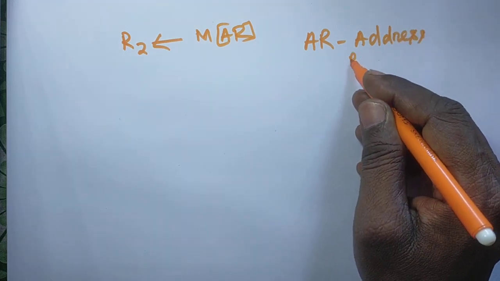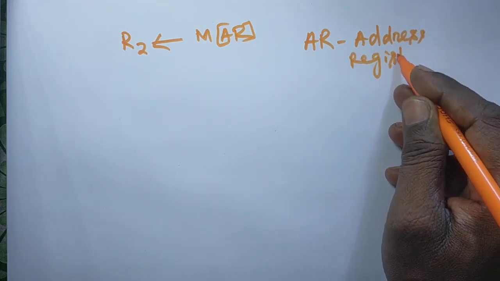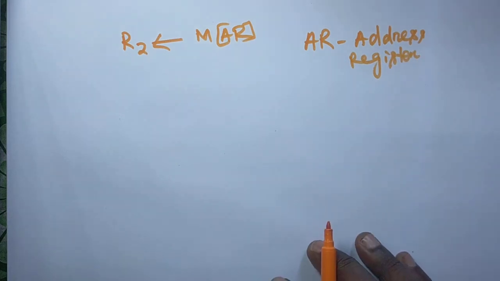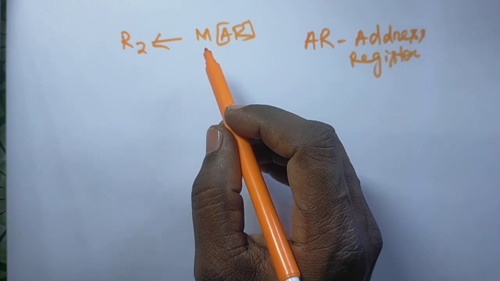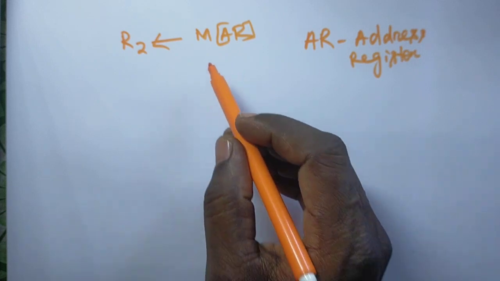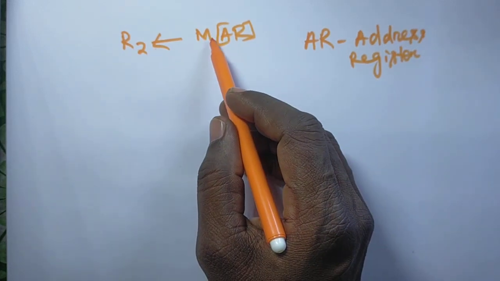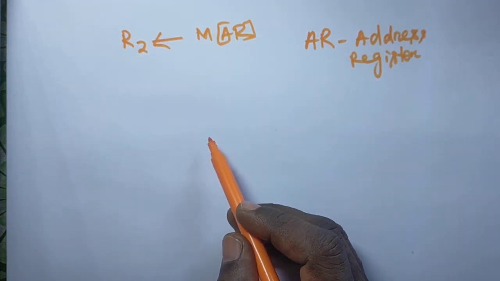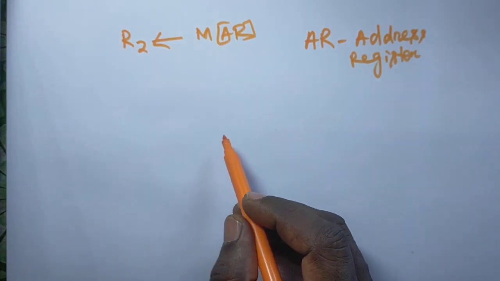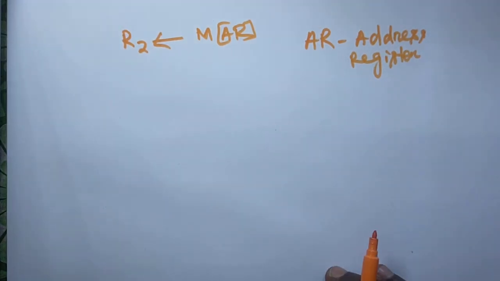So the content kept by the address register, which is available in memory, is transferred to R2. That means here, you see, the content of memory is transferred to a register, memory to register. Very carefully we have to define which operation we can consider if this kind of operation is given.